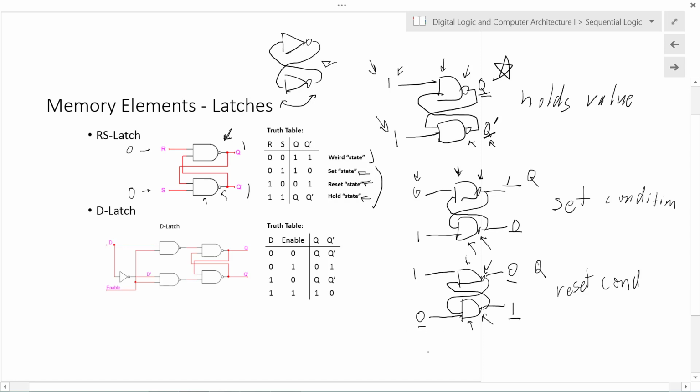Now this is very useful for setting and resetting, but this is an asynchronous latch. That means there's no synchronization to a clock signal.